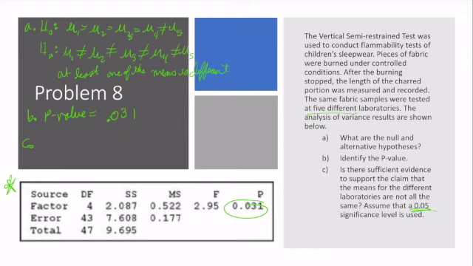The answer is yes. Because our p-value is less than our significance level, we can reject H0 at the 0.05 significance level.